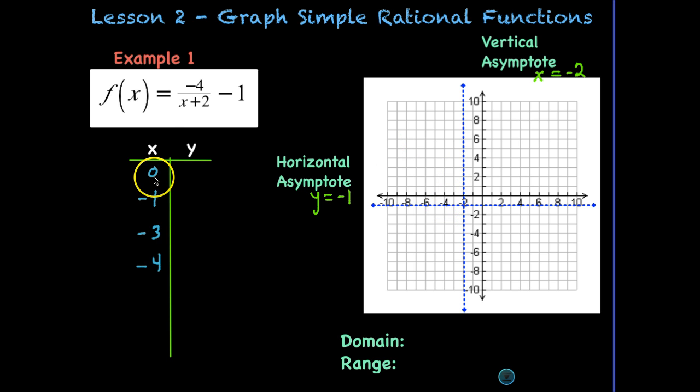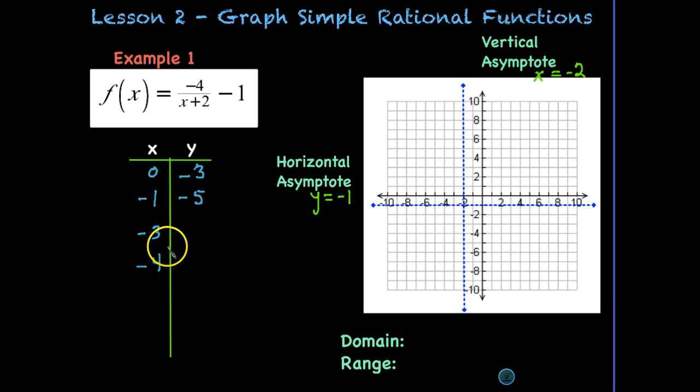Now let's plug the values in. Plugging in a 0, 0 plus 2 is 2. Negative 4 divided by 2 is negative 2, and negative 2 minus 1 is negative 3. Negative 1. So negative 1 plus 2 is 1. Negative 4 divided by 1 is negative 4. And negative 4 minus 1 is negative 5.